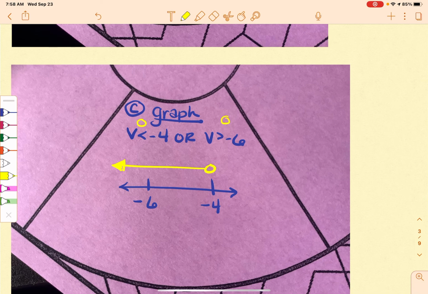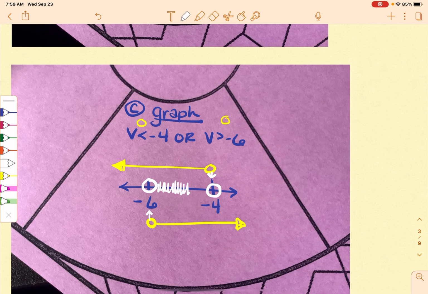Now, I can already tell these are probably going to overlap, so I'm going to do this second one right here underneath. Open circle at -6, and my line's going to go this way. That means I can see that there's some overlapping between here and here. So I'm going to move the circle up, and bring this one down.